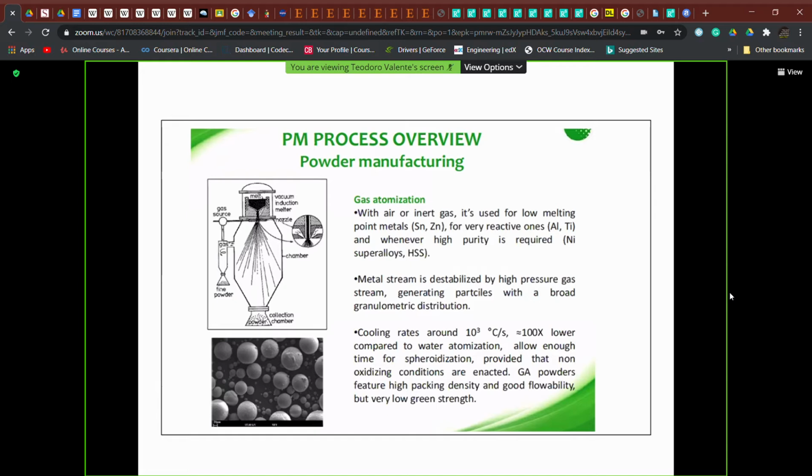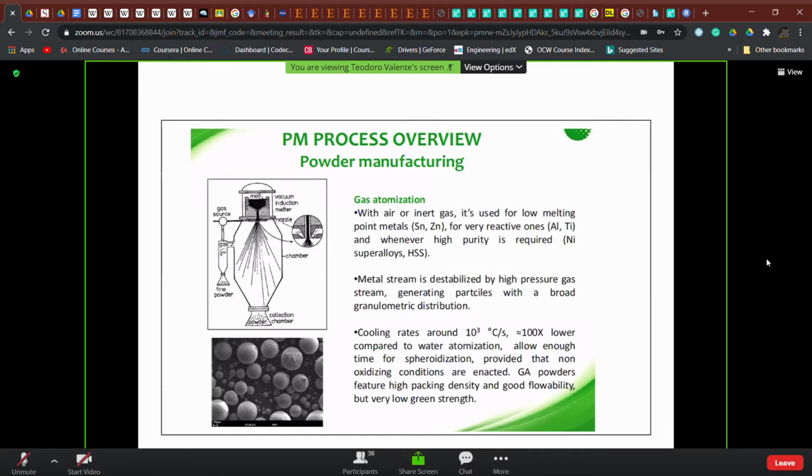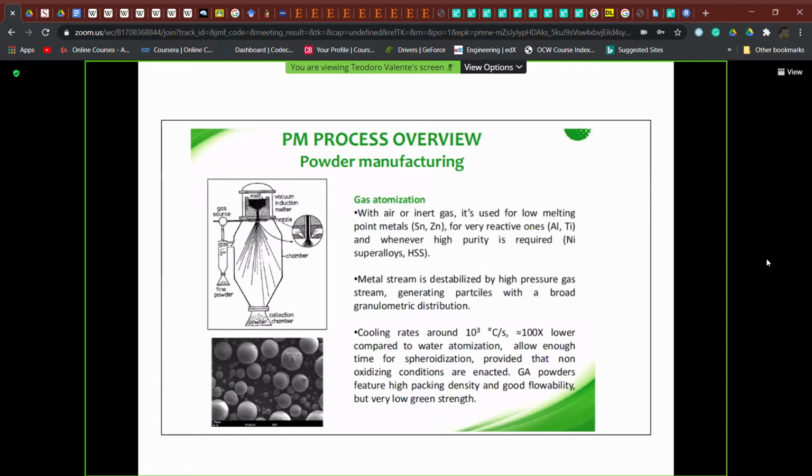This is an advantage if we use spheres as powders, because they have better flowability, and so we can ensure a high packing density.